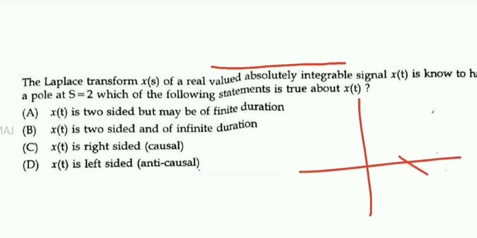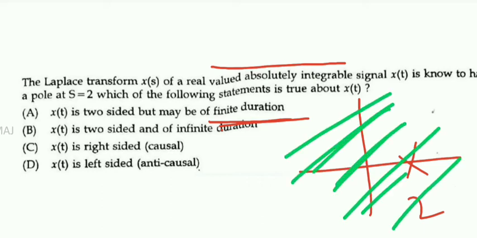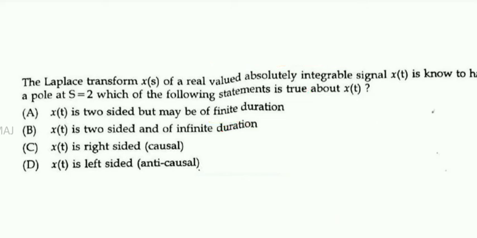What is the first option? The signal is of finite duration. If the signal is of finite duration, the ROC covers the entire S-plane. But we know the ROC cannot include a pole. As per our problem, we have a pole at s equal to 2, so option A is the wrong answer.